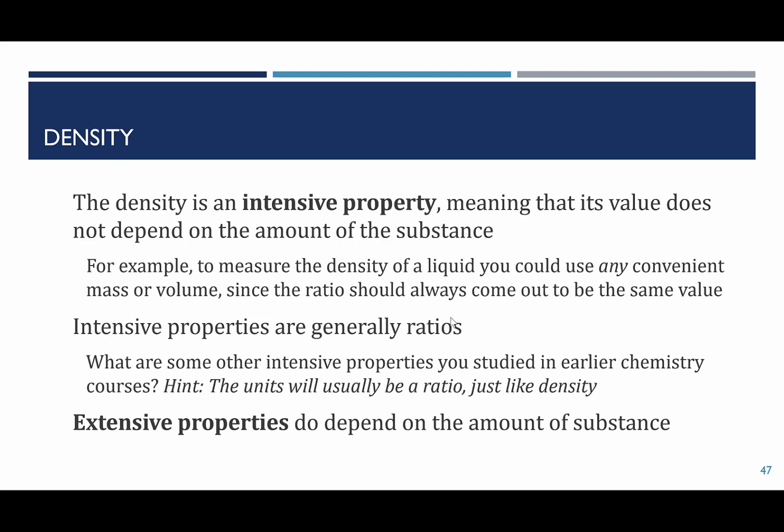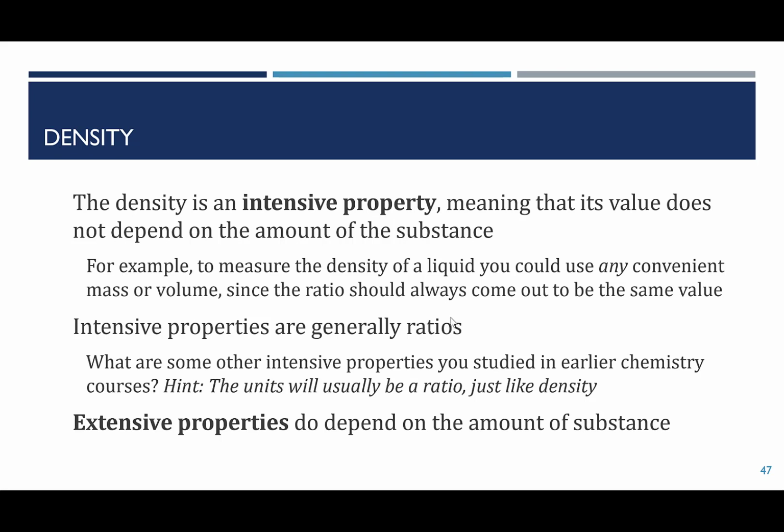So if we wanted to measure the density of something, we could use any amount that's convenient for us. 20 grams, 30 grams, it doesn't matter. In many of the cases, when we're dealing with quantitative variables, we will find that intensive properties are typically ratios. Okay, so you'll usually see 2 units in them. So, for example, grams per milliliter is one. What other things that we've studied in chemistry is an intensive property?